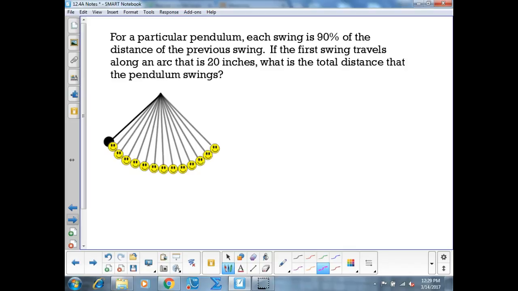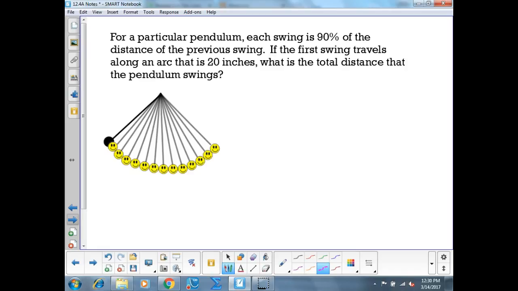Each time the pendulum swings, it starts here, it swings out, then when it comes back, it only swings to 90% of its total distance. So it's going to end up slowing itself down until it basically stops, right? Okay? So that is an infinite series.